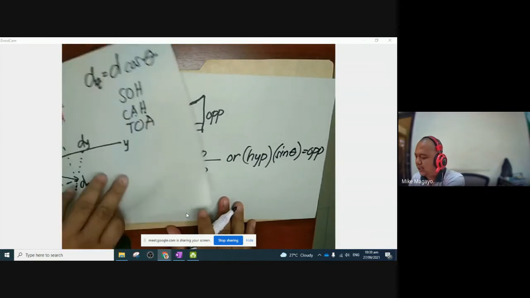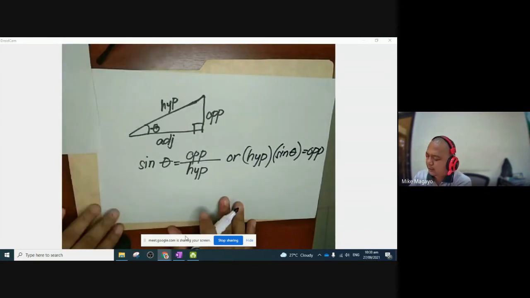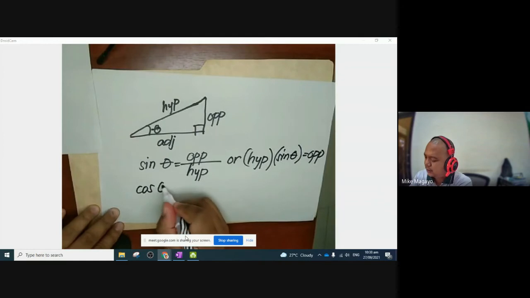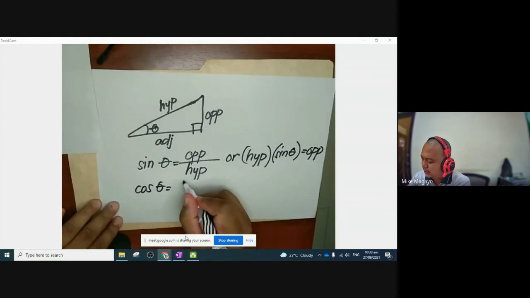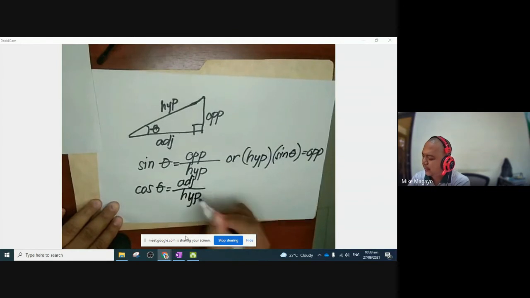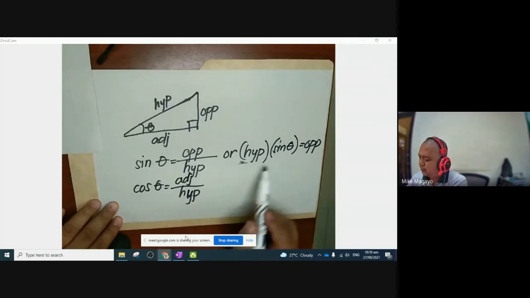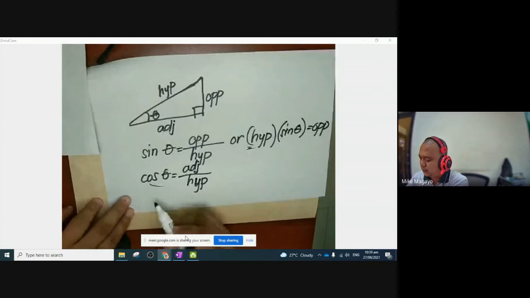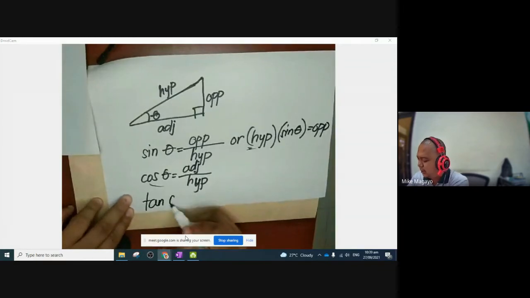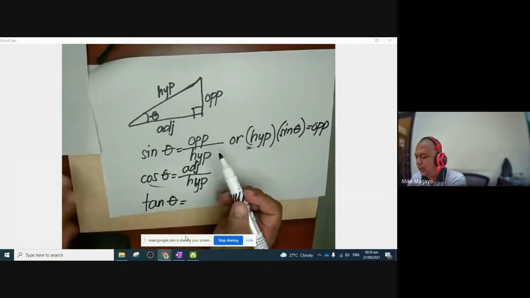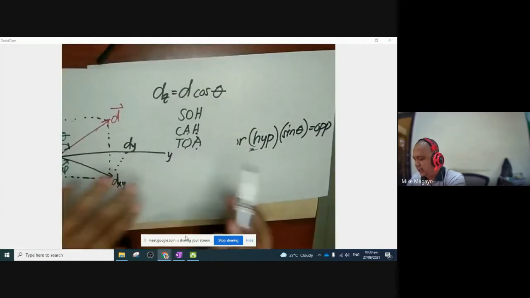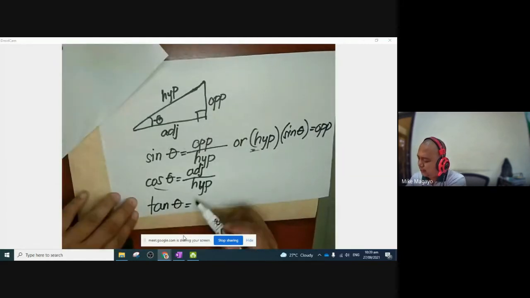For cosine, cosine theta is adjacent over hypotenuse, and you could use this so that you could determine the adjacent. For TOA, tangent theta is opposite over adjacent. Opposite side over adjacent side.